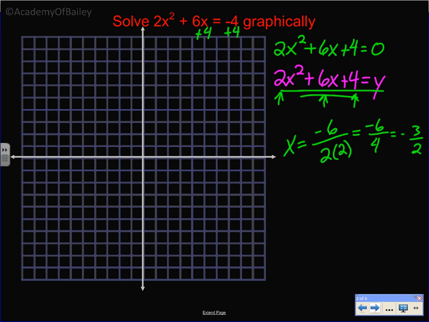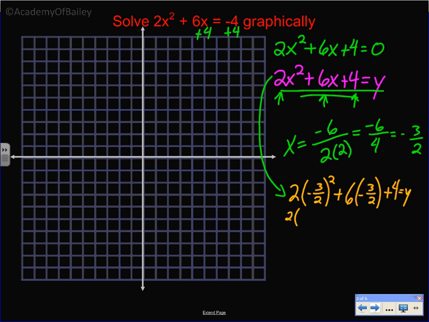And since x is equal to negative 3 over 2, we're going to plug it into the equation and calculate what y is. So we have 2 times negative 3 over 2 squared plus 6 times negative 3 over 2 plus 4, and that's equal to y. Work this out.